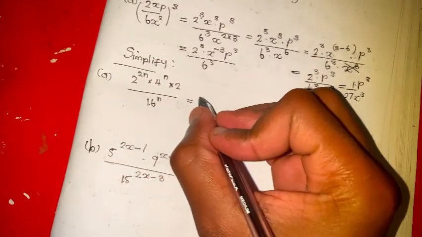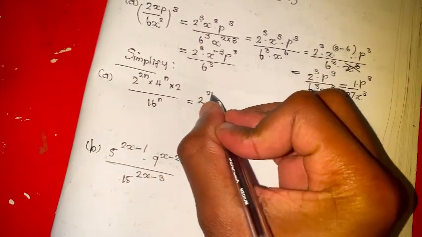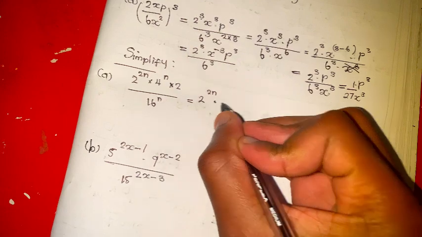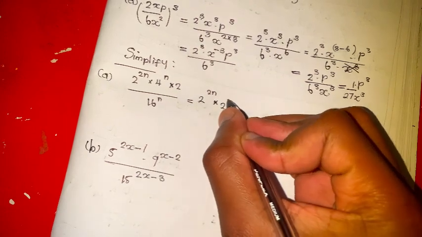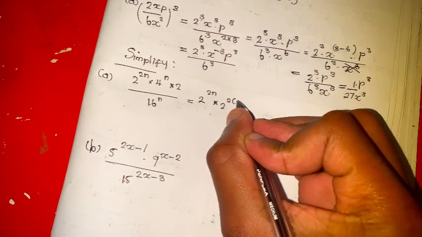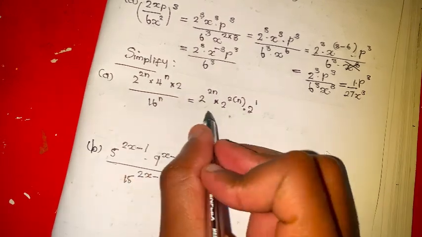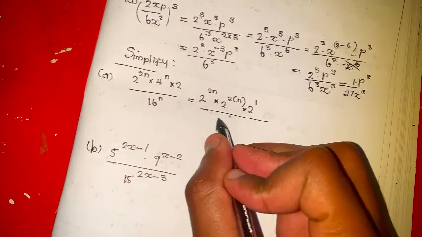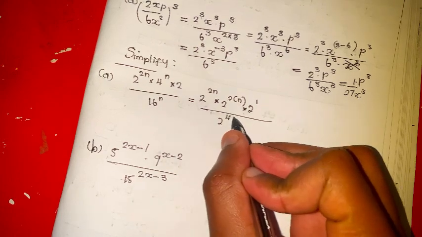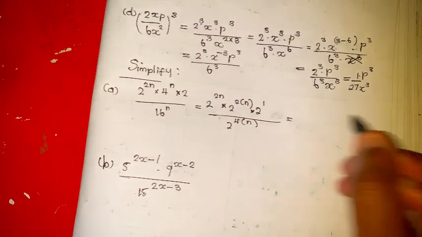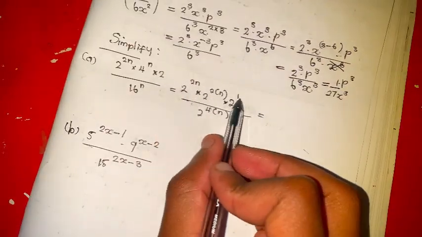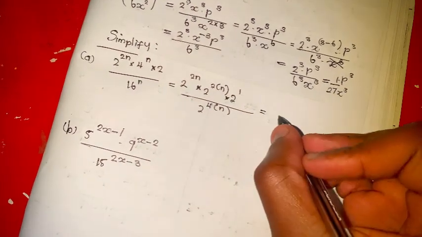So, which means that you will have 2 multiplied by 2 squared to the n, multiplied by 2 to the exponent 1, over 2 to the power of 4 to the n. And simplifying this, you can add the exponents since the bases are the same.